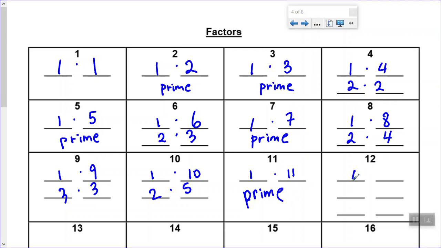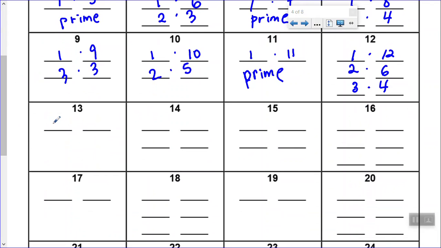12, you have 1 times 12. 2 times 6. 3 times 4. Composite number. 13, 1 times 13. This is a prime number. 14, 1 times 14. 2 times 7. Composite number. 1 times 15. 3 times 5 makes 15.